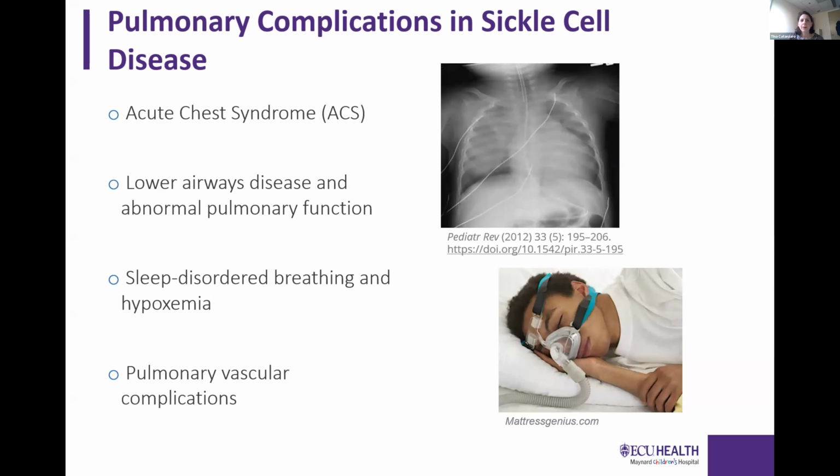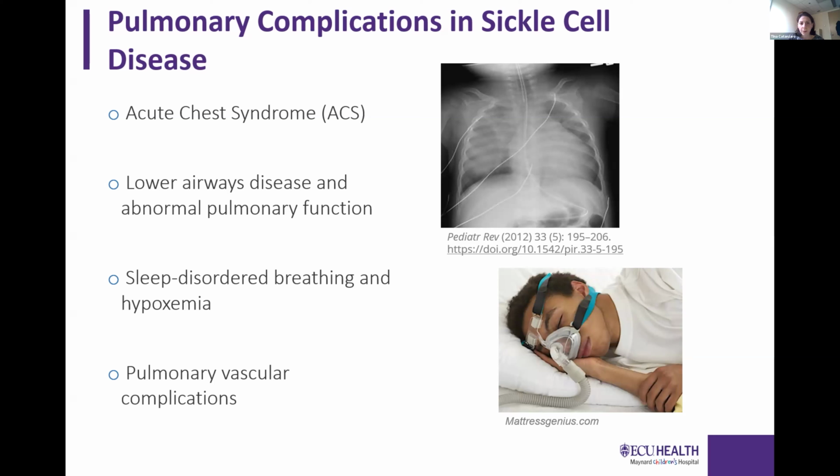When we think about the pulmonary complications, I touched on acute chest syndrome. We may think of that as the most obvious thing because that's bringing them to the hospital in acute care, needing respiratory support, antibiotics, and complicating their pain crisis. But there are also other, more chronic things to consider, and perhaps those are even more debilitating and weigh on their families.